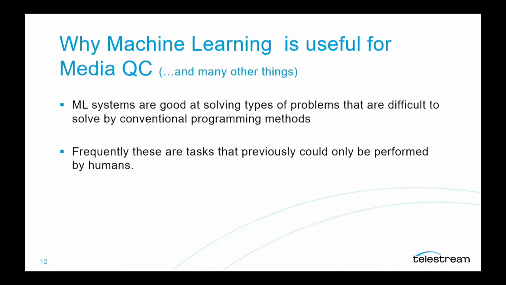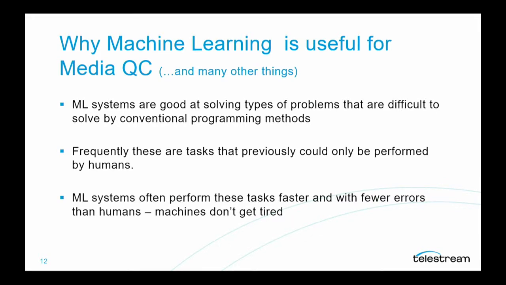So in general, we're talking about the ability to automate tasks that could previously only be successfully done by humans. And in general, ML systems can perform those tasks faster and with fewer errors than humans. Machines don't get tired.